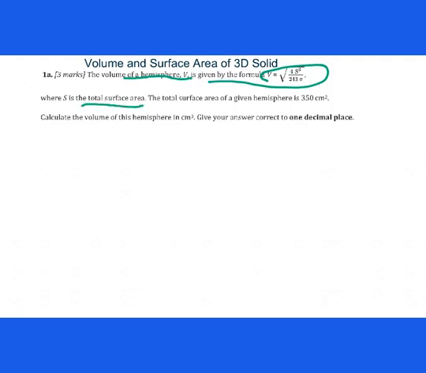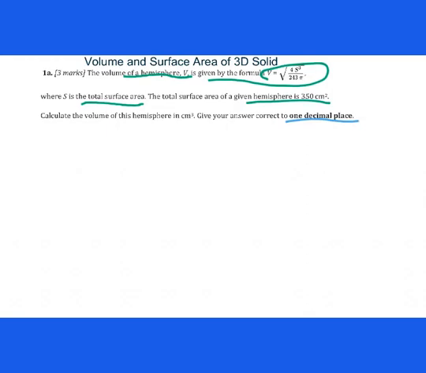The total surface area of a given hemisphere is 350 centimeters squared. Calculate the volume of this hemisphere in centimeter cubed. Give your answer correct to 1 decimal place. For this question, you just need to use the given formula and then plug in.